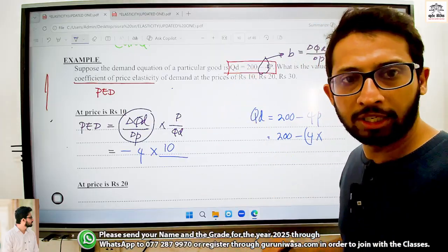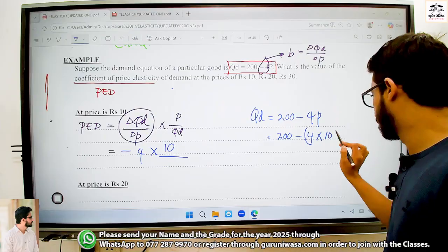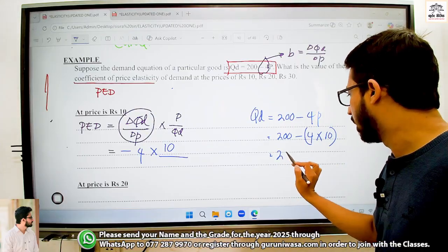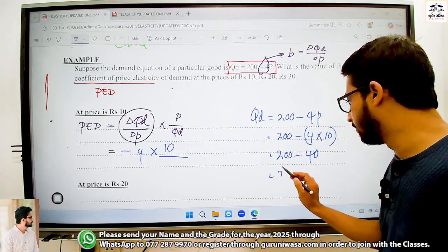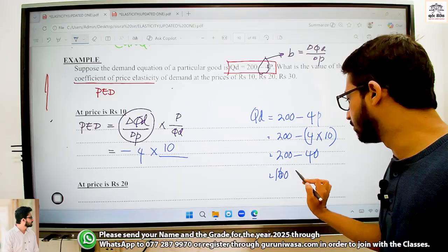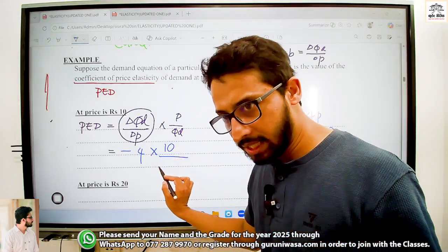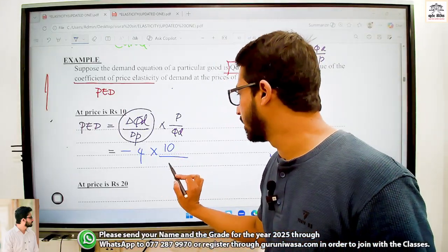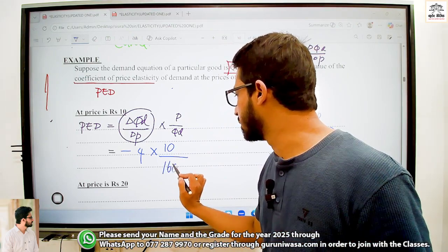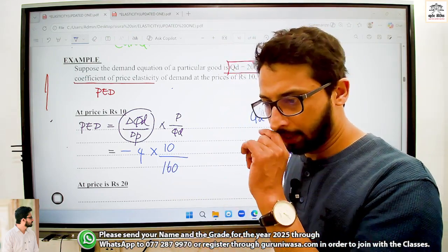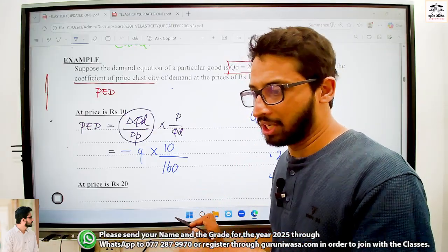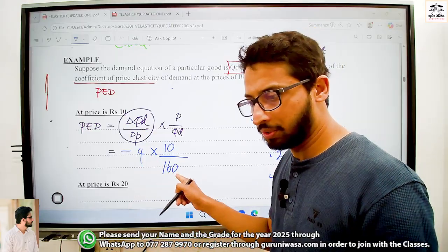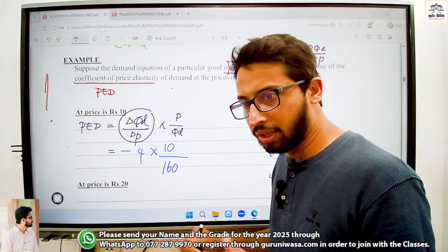You can use your equation. 200 minus 40 means 160 units. So at price 10, consumers are demanding 160 units. Everything is done based on your equation. Slope, then substitute the quantity demanded at the given price.